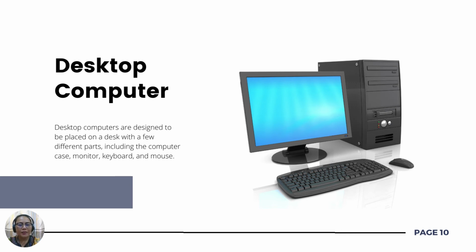And they are typically made up of a few different parts, including the computer case, the black case that you see on our screen, the monitor, yung parang TV, the keyboard, yung parang typewriter, and the mouse, which is the smallest part doon sa image natin. So this is the first type of a computer, desktop, and this is the most popular type of a computer. Kasi ito yung ginagamit natin sa mga laboratories natin and even in internet shops.